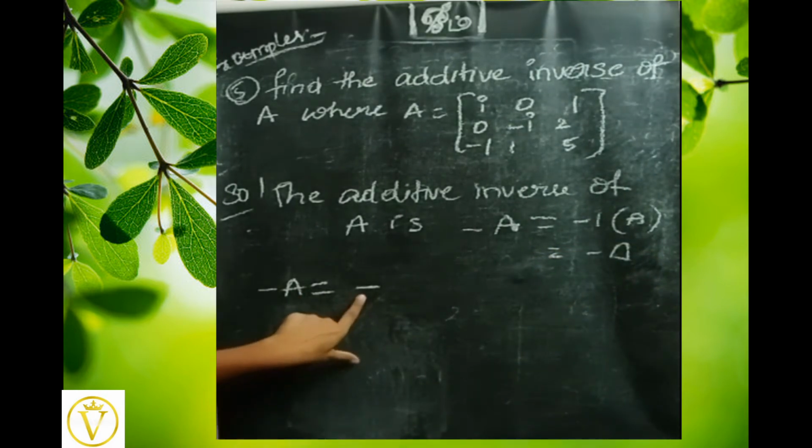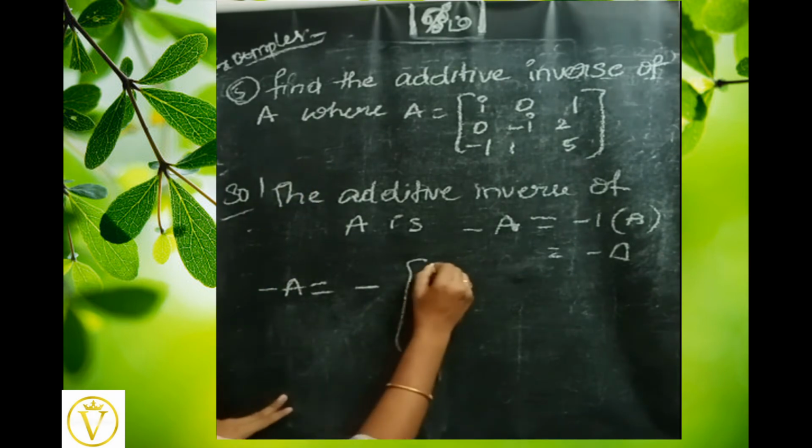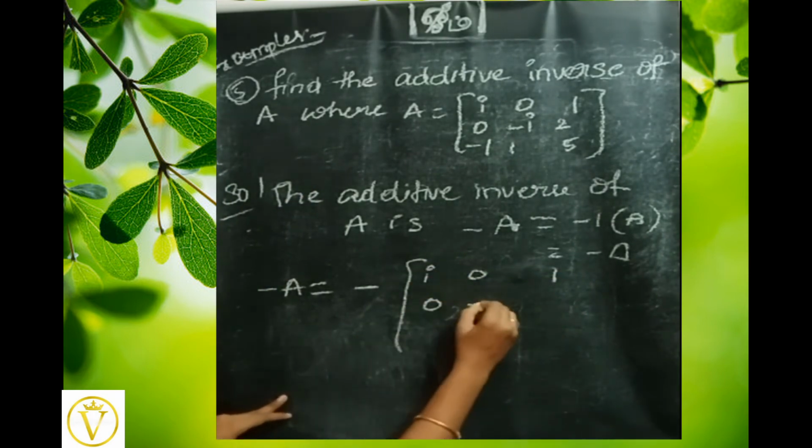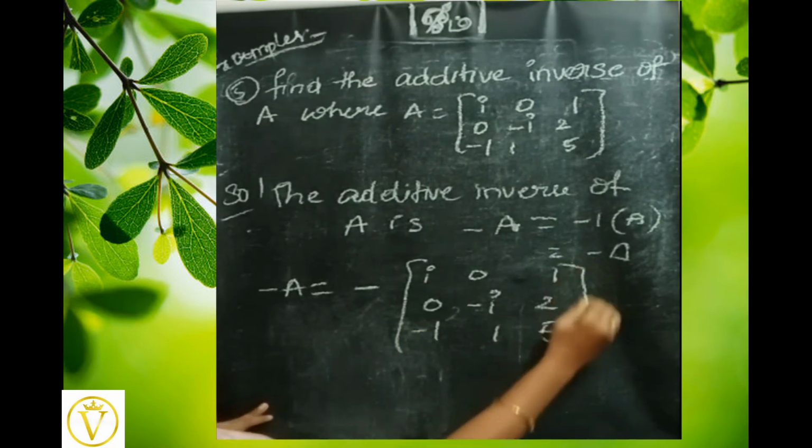So minus i I have right here. What is the value they have given for the A matrix? i, 0, 1, 0, minus i, 2, minus 1, 1, 5.